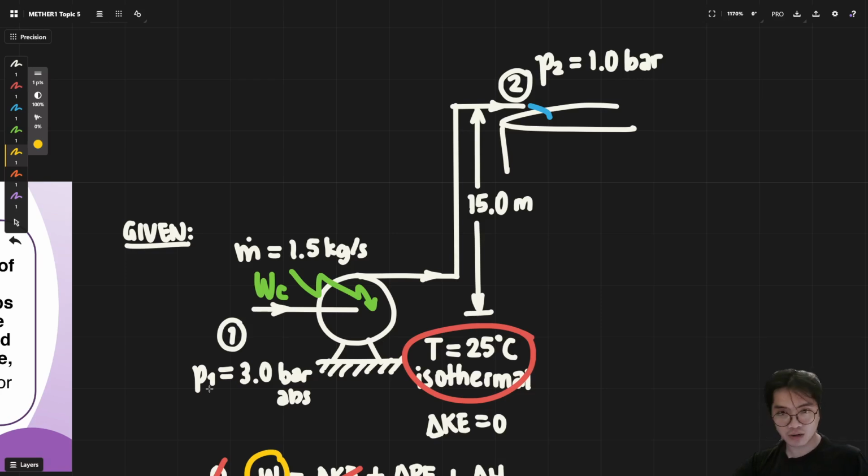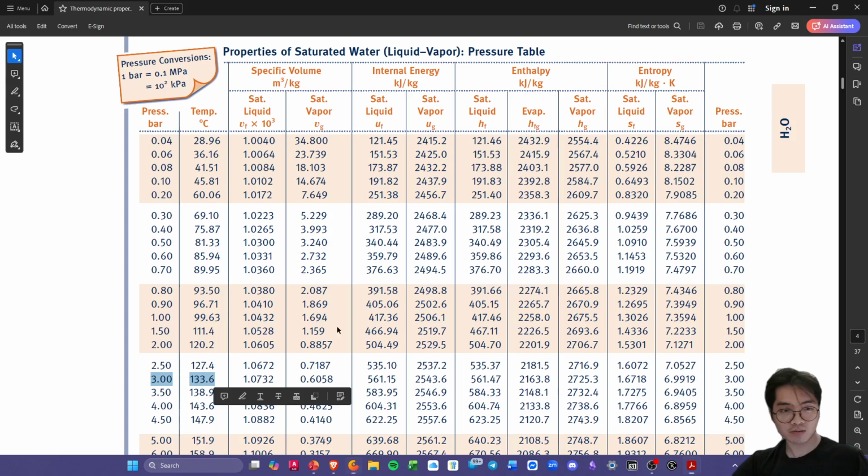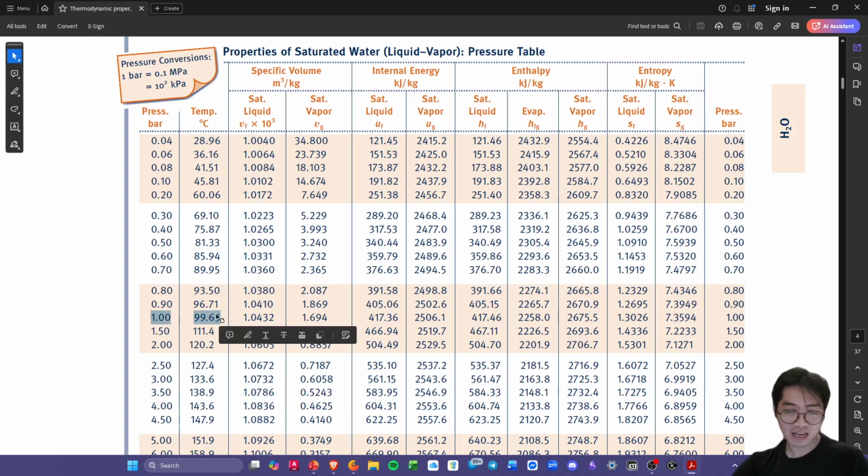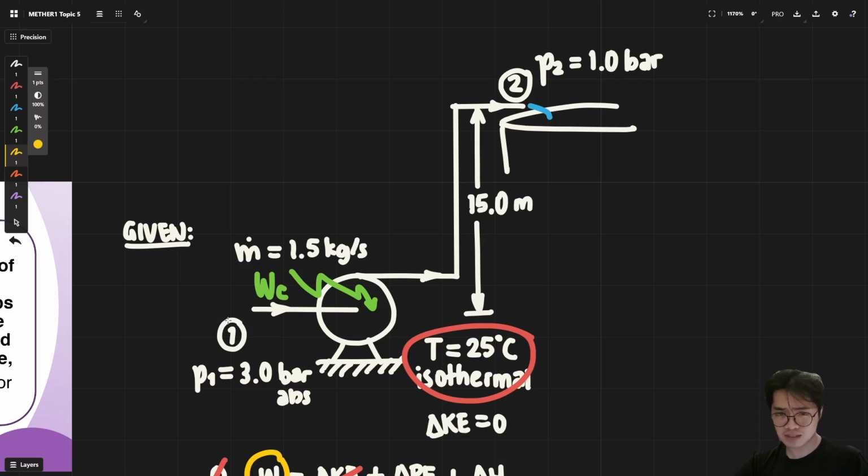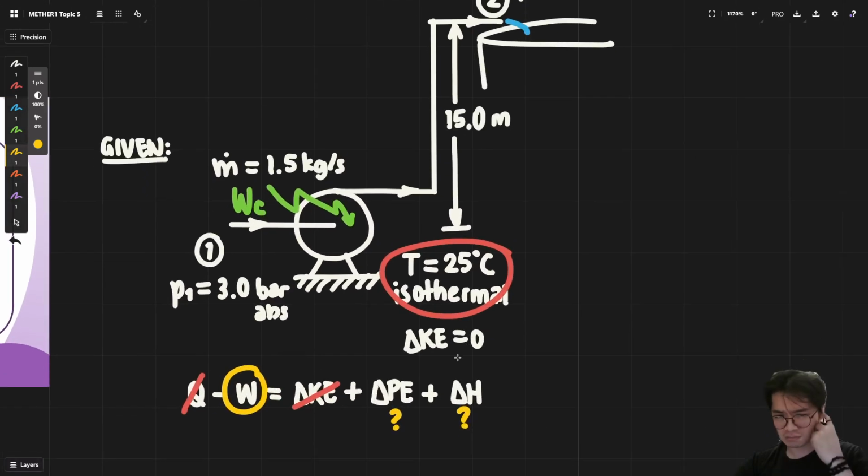All right, sure. What about state 2? Pressure of 1 bar, 25 degrees Celsius, it really does not matter. 1 bar has a saturation temperature of 99.63. This is still another compressed liquid. This is literally just a pump that is pumping water. And so now what?